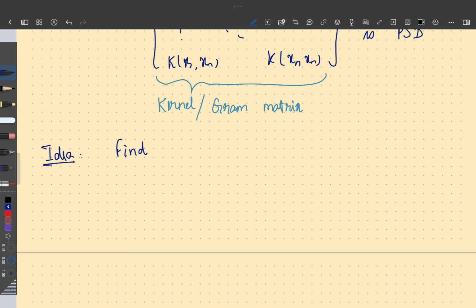The idea behind kernel methods is to find a K that corresponds to some embedding from x to x prime, such that K can be computed efficiently, even if I can't compute psi efficiently.